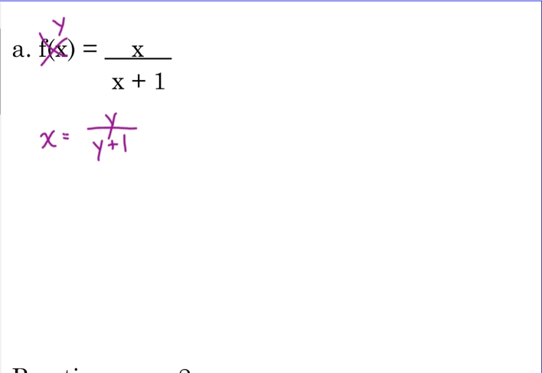I've got it in the numerator and in the denominator. So first of all, let's get it out of the denominator. We can multiply both sides by that y plus 1, so it cancels on the right side. Now, I'm not going to multiply it out right here. You can, but I'm not going to.